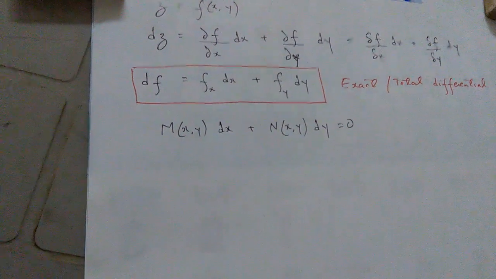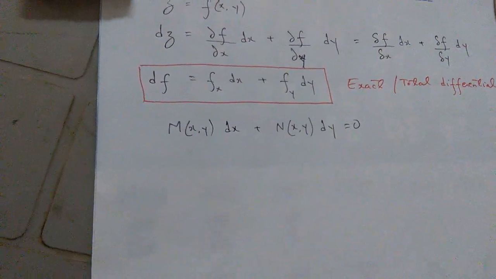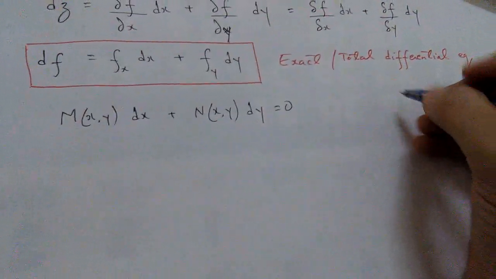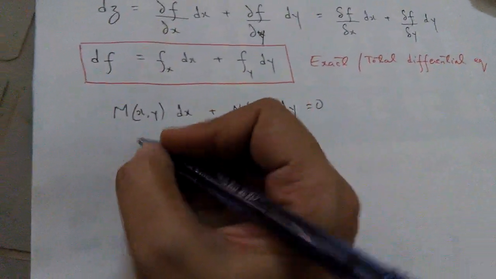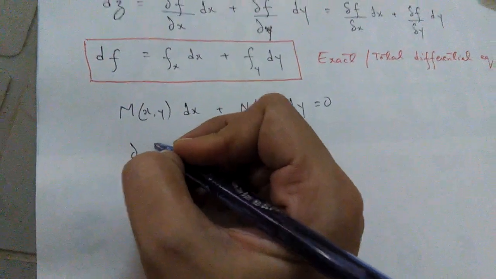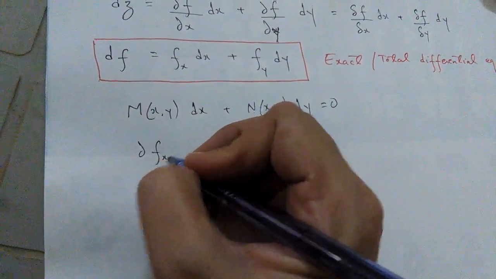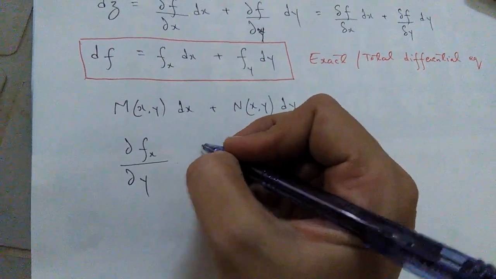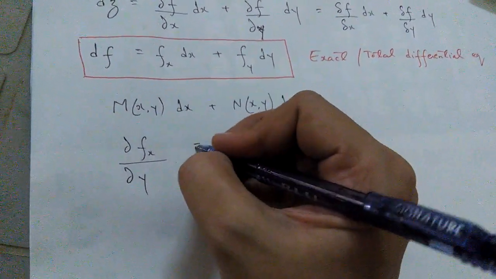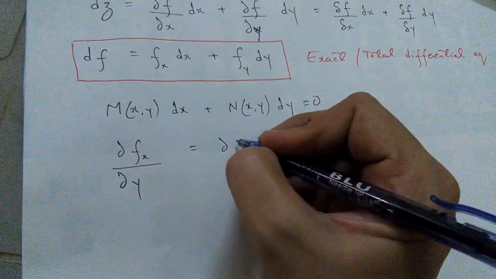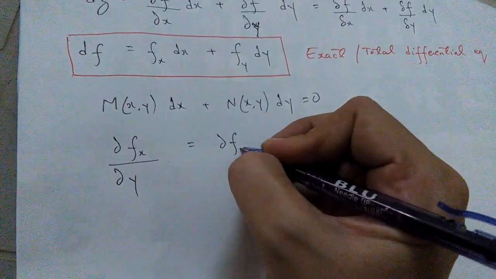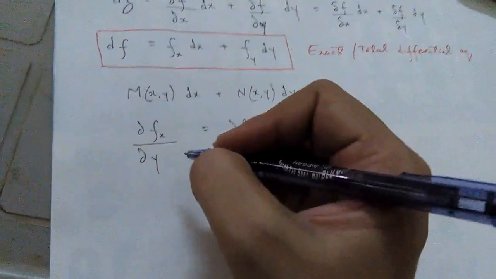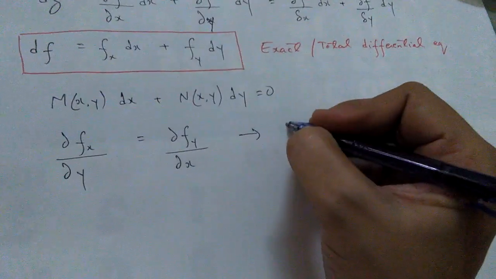We know that while studying partial differentiability, if we find the derivative of f of x with respect to y, whatever the answer comes, it will be exactly equal to the partial derivative of f of y with respect to x. You can also express this in this way.